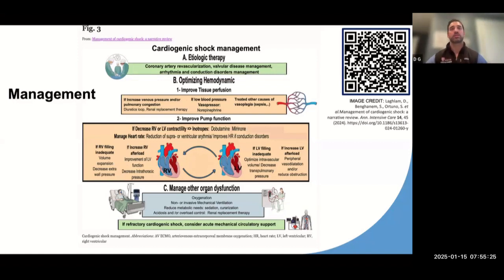For the most part, out of multiple small trials, it seems that norepinephrine is probably a good, safe first-line vasopressor in basically almost all forms of shock, and I think in cardiogenic shock as well.